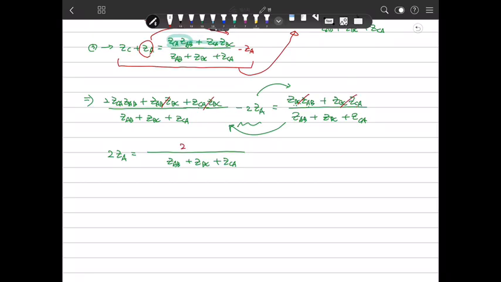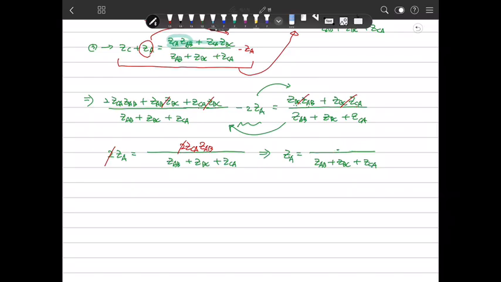The remaining thing is 2GCA GAB. Removing the factor of 2, we get GA equals GCA GAB over GAB plus GBC plus GCA.